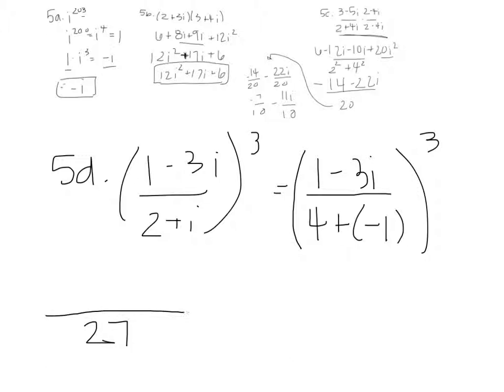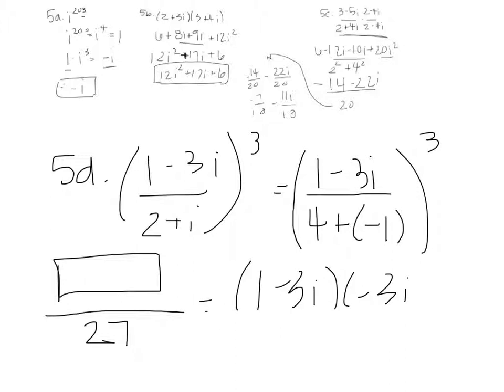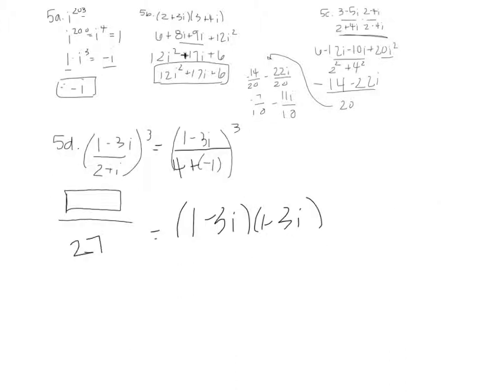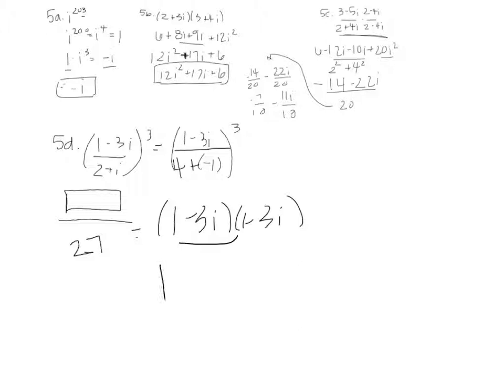And we need to figure out what we have on top right here, and to do that we have to FOIL. So we have to break it down a little bit. From here, we're going to do 1 minus 3i times 1 minus 3i. So when you FOIL that, you do your first terms. So 1 times 1, which is 1.